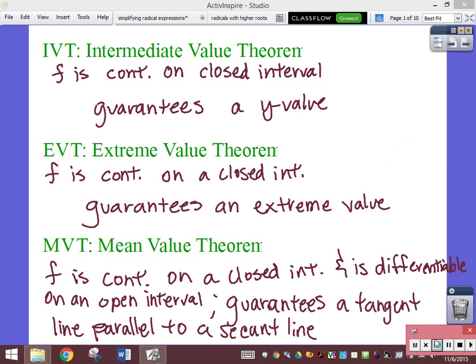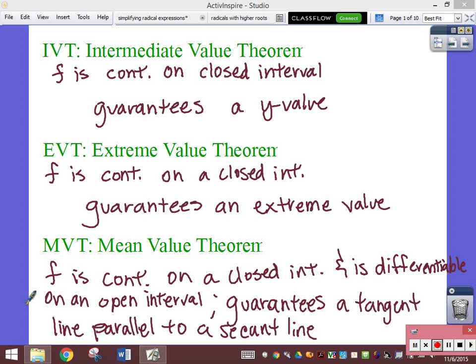And then the MVT is what you just learned, and that states that if f is continuous on a closed interval and differentiable on an open interval, so this is the first one that has two conditions. If those two things are true, then it guarantees a tangent line parallel to a secant line. It guarantees a certain derivative value equal to the average rate of change.